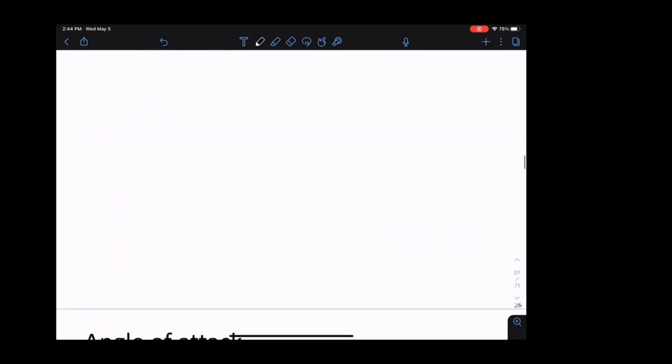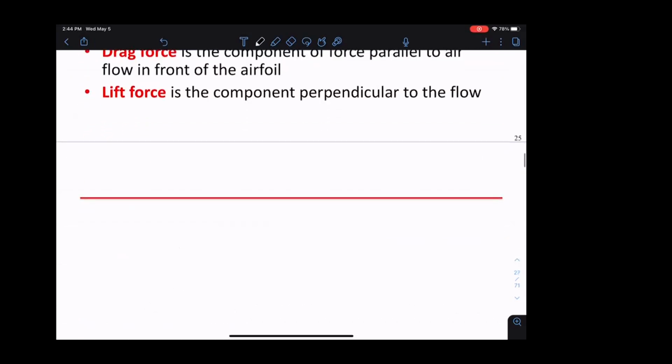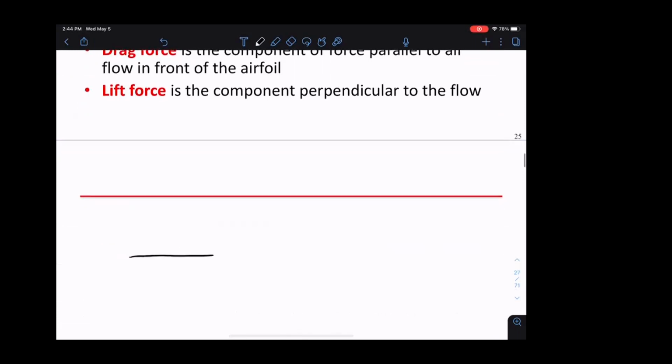So if you look at the angle of attack, when you start at the horizontal position, wind is always coming in from this direction. When you have a horizontal direction, most of the force you get is this lift force, but it may not be very large.